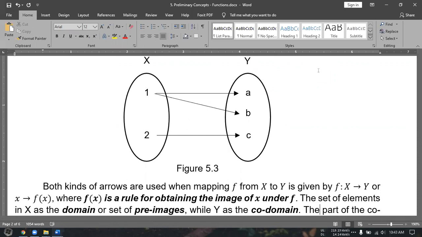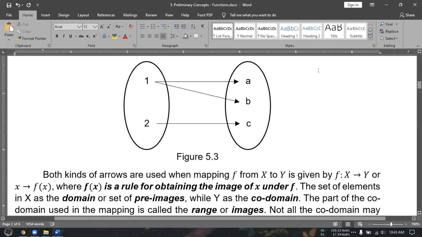We have the rule, or this is our equation in finding y or f of x given a specific value of x. The set of elements in x is the domain, or the set of pre-images, while y is the codomain.